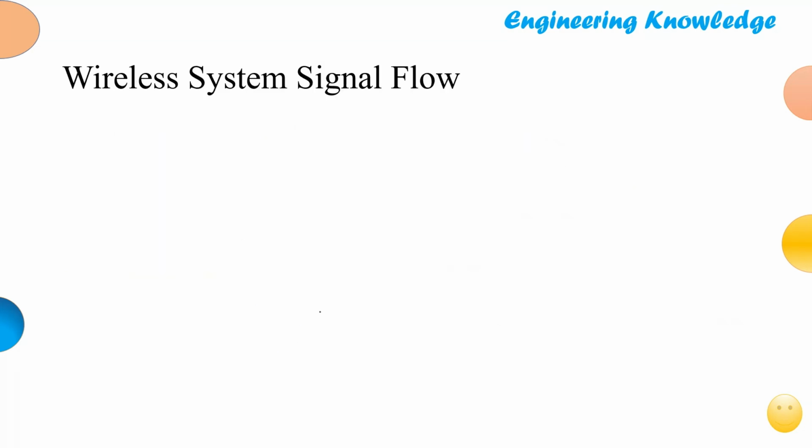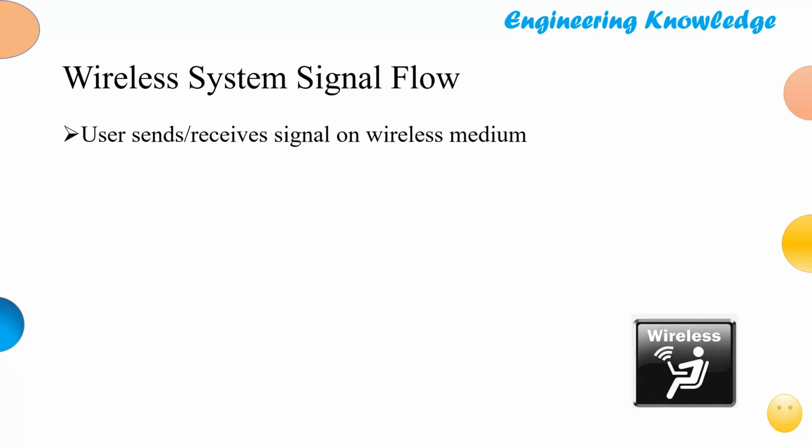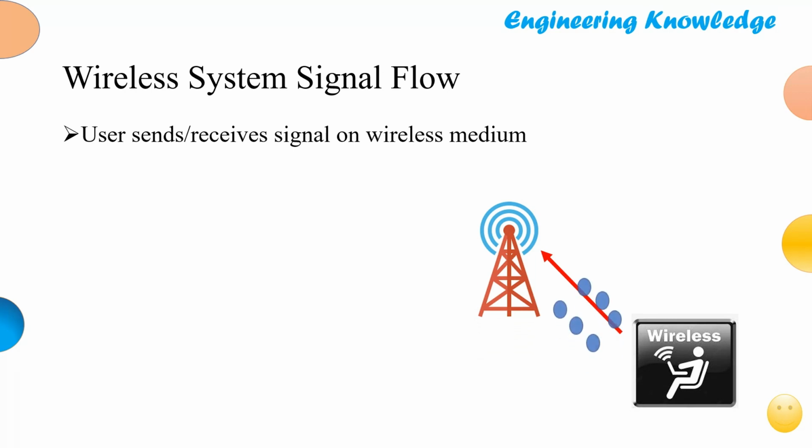Now, in this engineering knowledge channel under the playlist of wireless research, I have discussed the wireless system signal flow, and I will just quickly summarize that because I want to derive the SNR for amplify-and-forward relaying. So basically, we have already established that there is a wireless user that needs to connect to, suppose, a BTS over a channel which has an AWGN component.